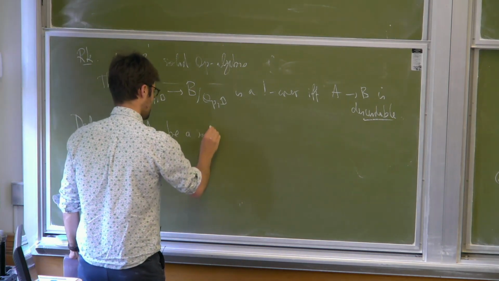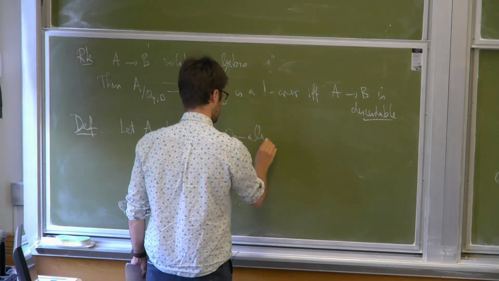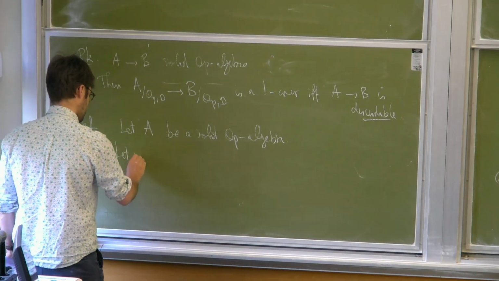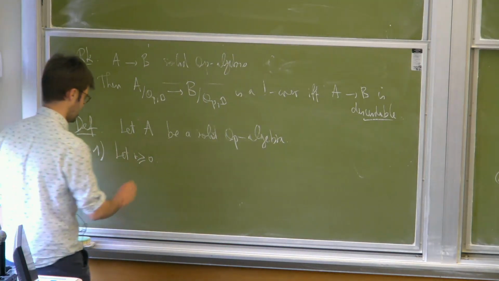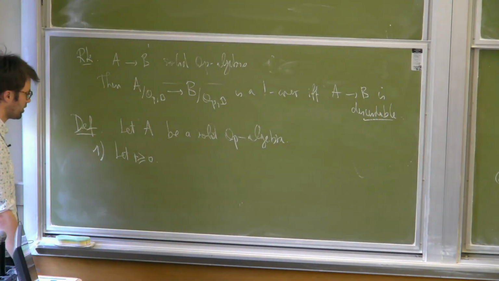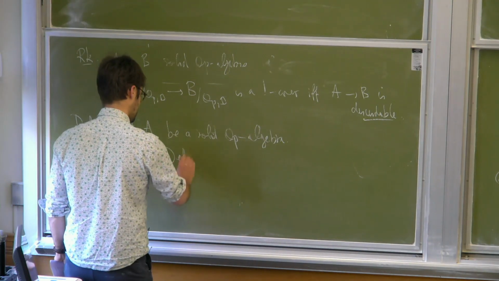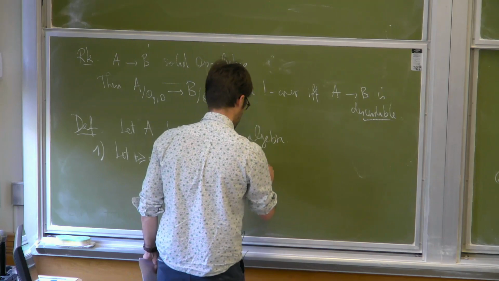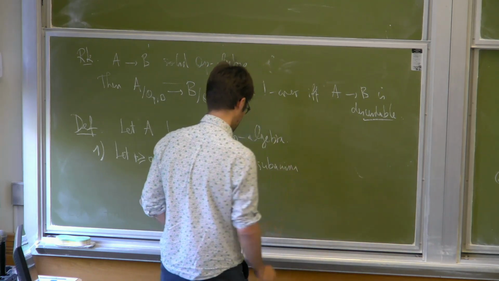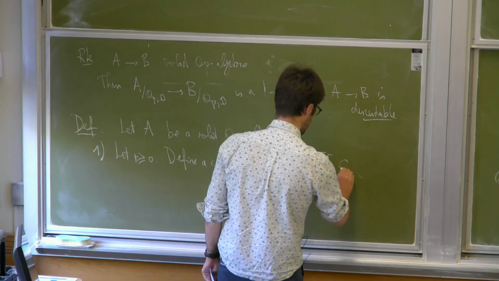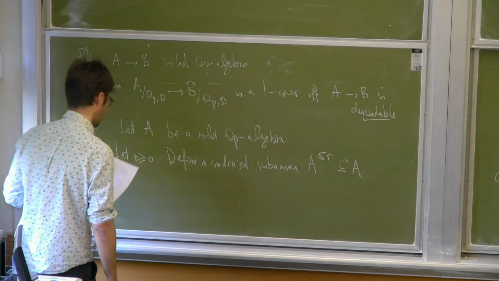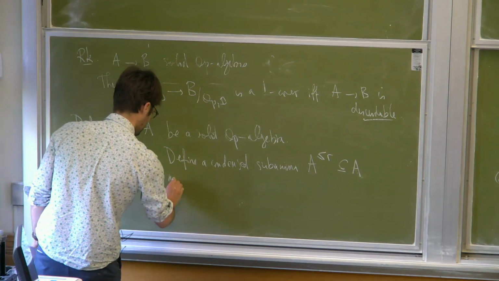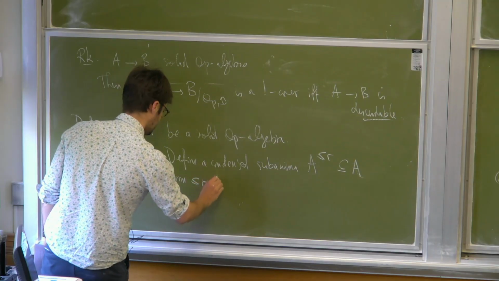So let me fix a solid Q_p algebra A. The first observation is that if you have a non-negative real or rational number R, one can define a certain condensed subset, or subanima, because everything is implicitly derived, denoted A_{≤R} inside A, which intuitively speaking will be the subanima of elements of norm less or equal to R.